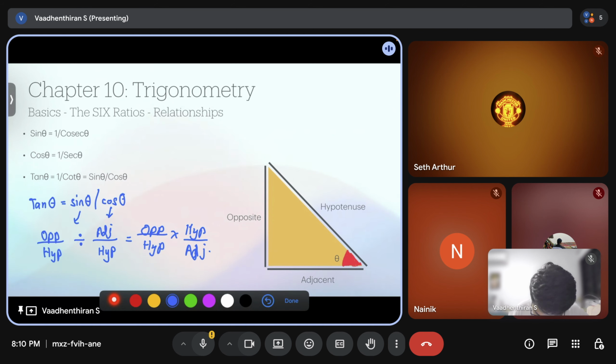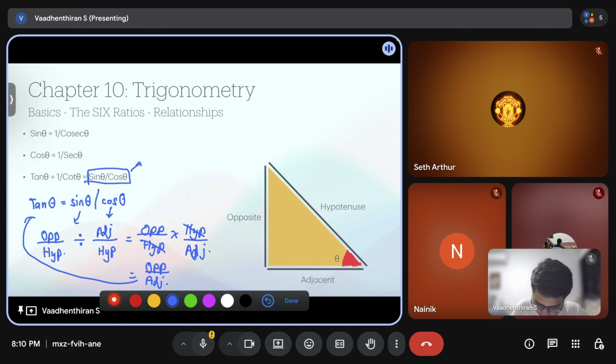The hypotenuse and hypotenuse get cancelled. You will get opposite over adjacent, which is basically tan theta. Got it? In some questions, you will be using this formula because sometimes they give you the sine and cos, and then they ask you the tangent. So you can use this easily to find it.